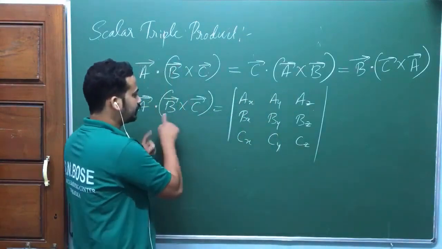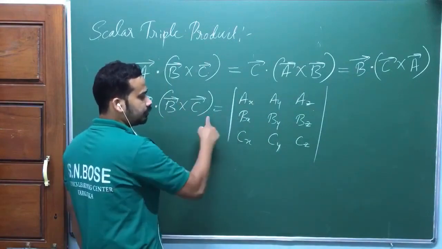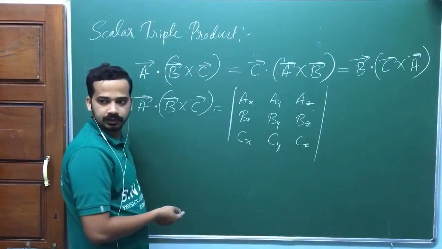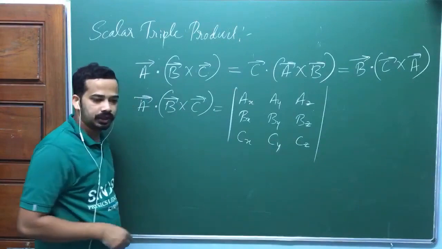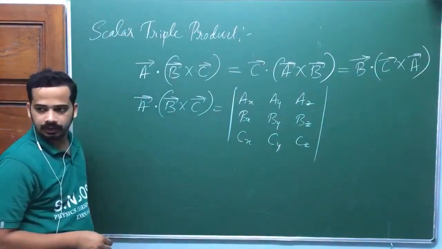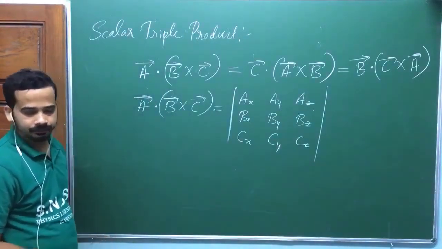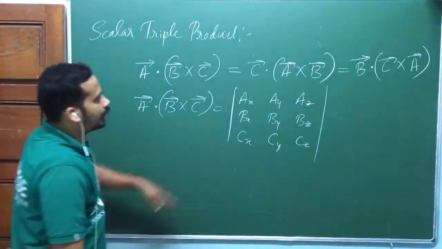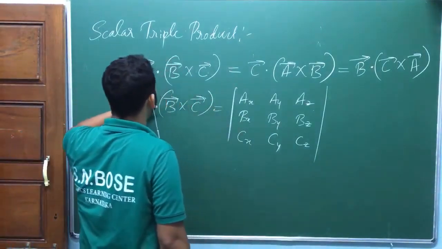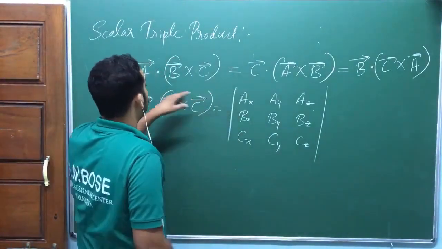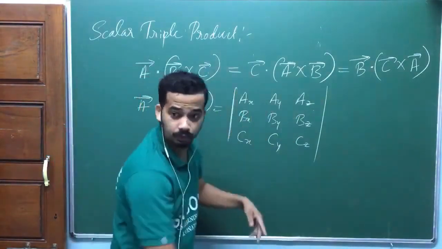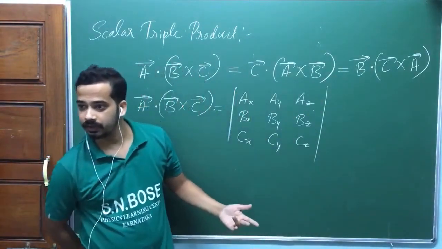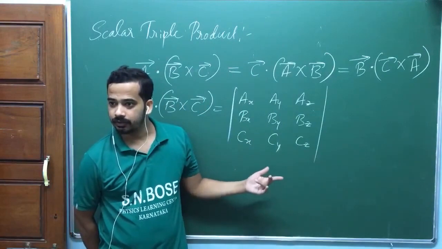Suppose you change B and C, change any two rows, it will change the sign, isn't it? B cross C is the negative of C cross B. So what you did here is change two rows, and then two rows again, successively.